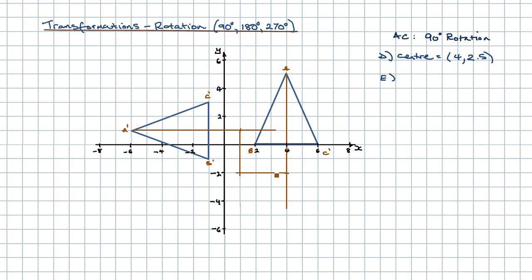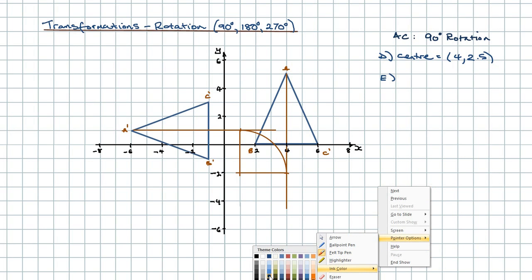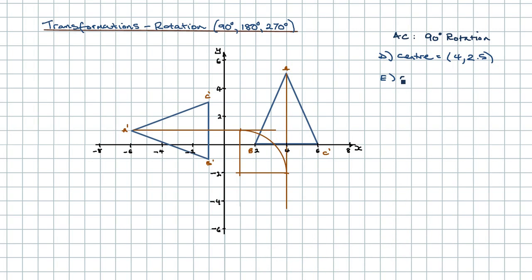So if I take a pair of compasses and put the point at the center of rotation, I can then draw my compass round 90 degrees in an anti-clockwise direction, and it should map onto this point here. Okay, and now you can see more clearly how these two horizontal and vertical components are the same, they're just rotated 90 degrees.